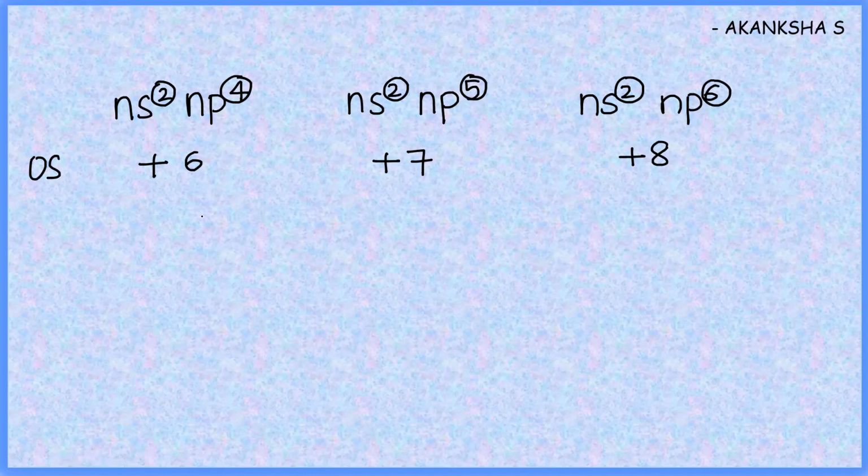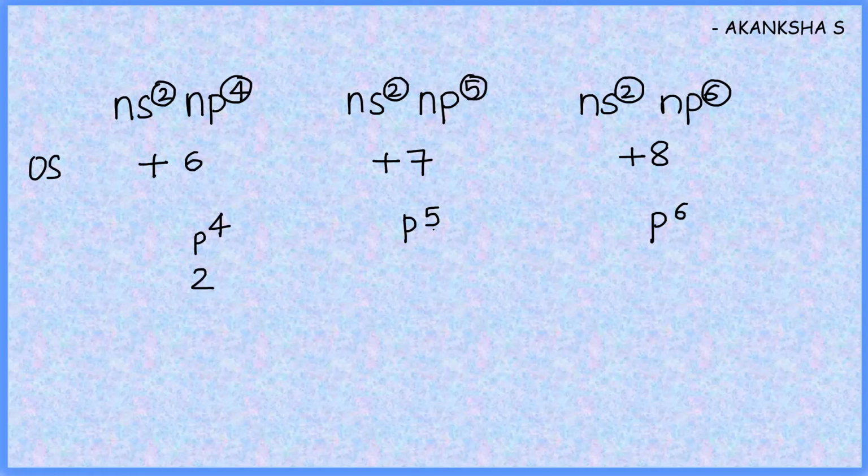Another way is, you can see over here we have p4, p5, p6. We know p6 is the complete orbital state. No matter what, p6 is the complete orbital state. So your elements in p block, once they have crossed p3, they are in a rush to complete their octet. So if you see, how many less than 6? 2 less than 6.